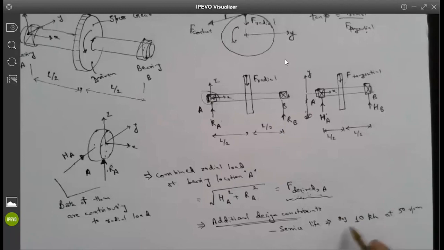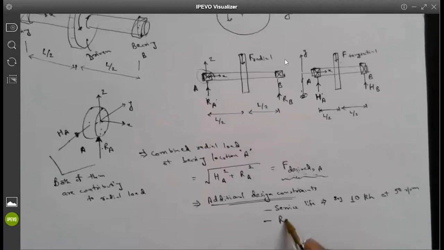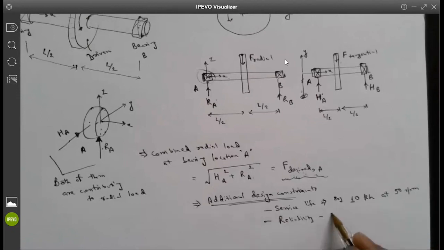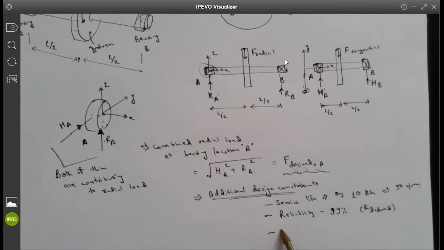Another constraint is my reliability has to be 99%, R desired. This will give you L desired. Then on top of that, my packaging constraint is that the outer diameter has to be less than 80 millimeters.